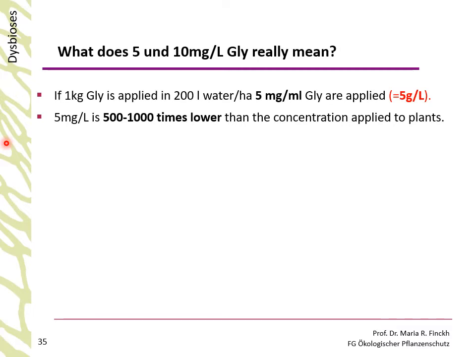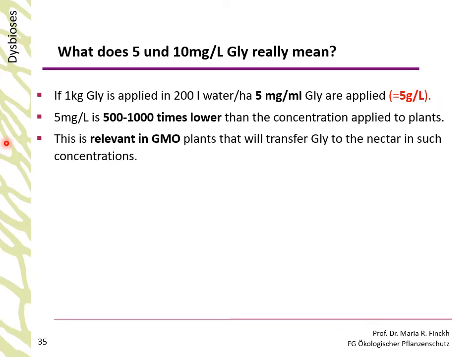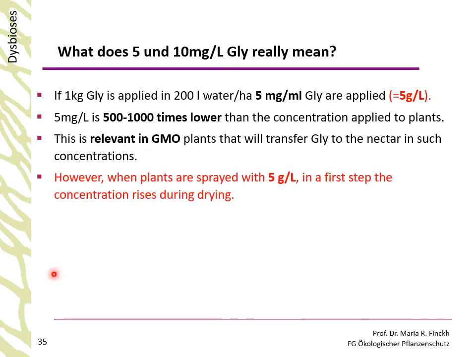It sounds reasonable if you think it's taken up in a genetically modified plant and then transported into the nectar or so, you expect that the concentration is less than what you applied. This is relevant, thus, for genetically modified plants. But what about when we spray plants in order to kill them, as we do in Germany, and they are not genetically modified? So we apply 5 grams per liter.